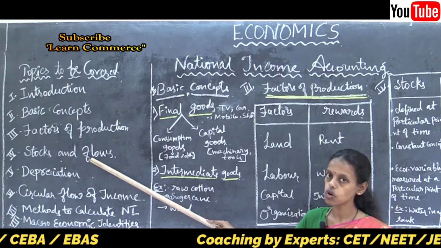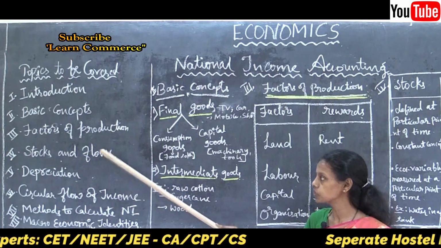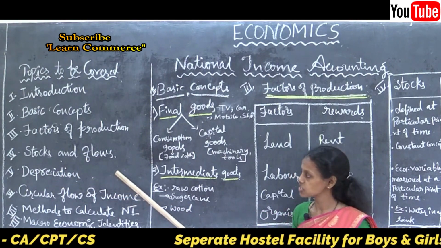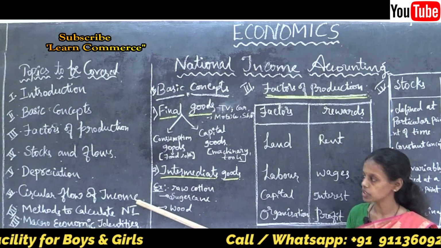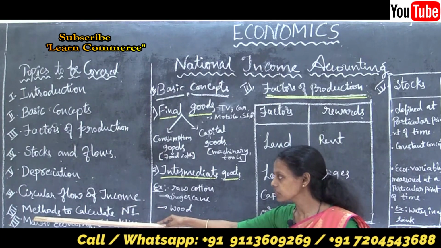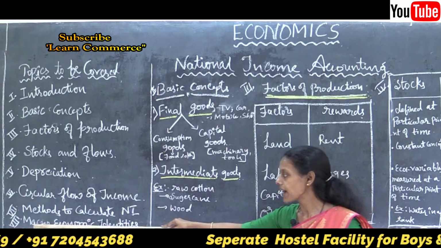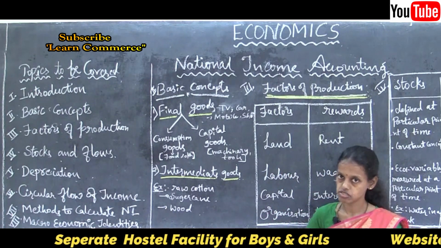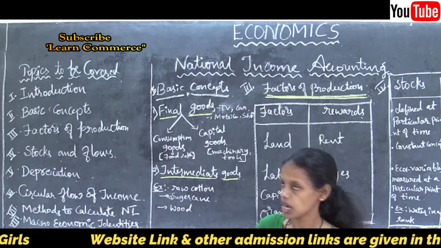Fourth, stocks and flow, the concept of stock and the concept of flow. Fifth, depreciation. Sixth, circular flow of income in an economy. And seventh, methods to calculate national income and macroeconomic identities. These are the topics we are going to cover in this chapter.